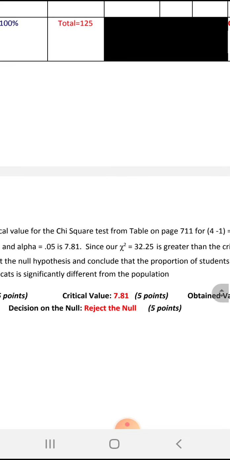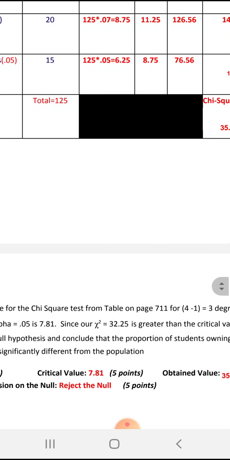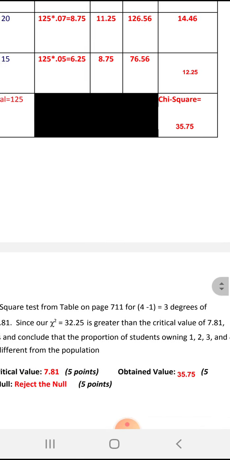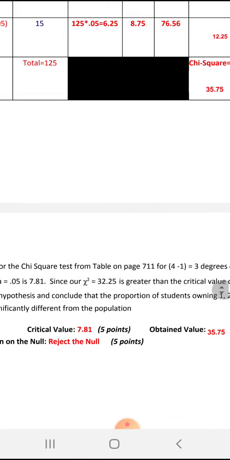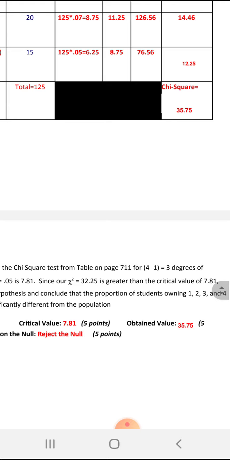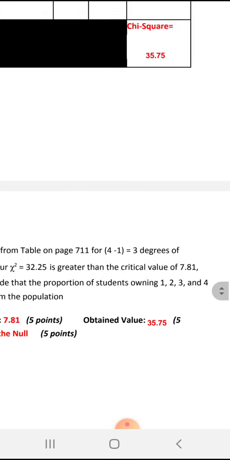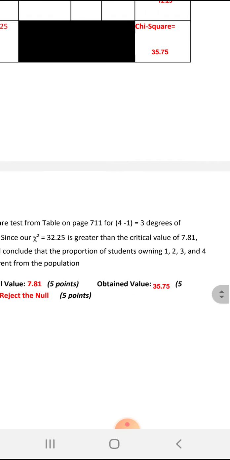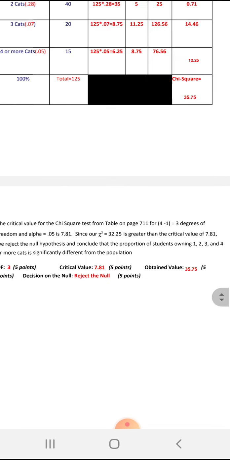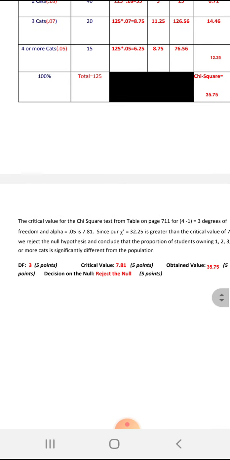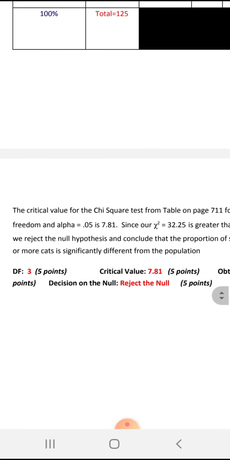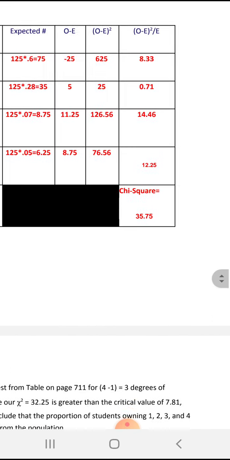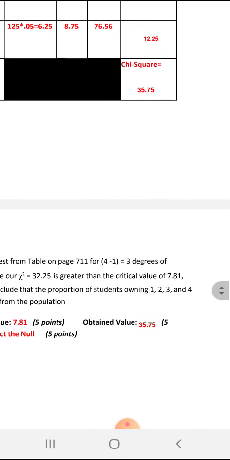All right, then you'll see the obtained chi-squared is 32.25. It's just a typo. It should be 35.75. But either way, it won't change the results. You can see here the obtained value is 35.75. And we have the critical value, the degrees of freedom, and the obtained value. That was most of the work that we did, which is in this table.